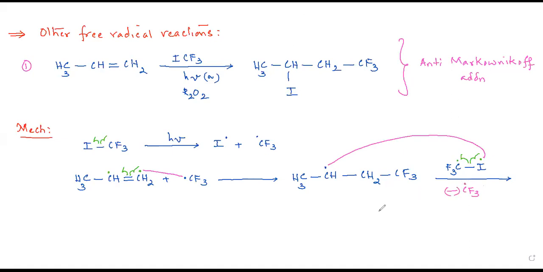And that will give you the final product, CH3, CHI, then CH2, CF3. You can see the addition of HBr in the presence of peroxide mechanism. The same thing. There we studied in 3 steps. So this is in fact a 2-degree free radical, right? It is a more stable one.